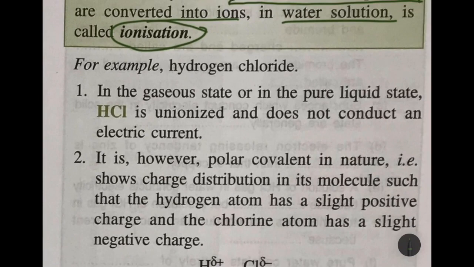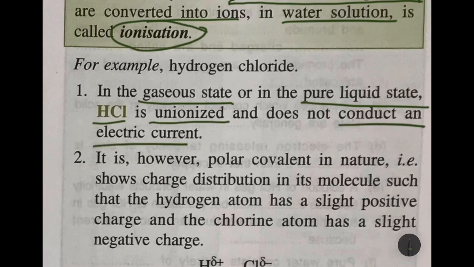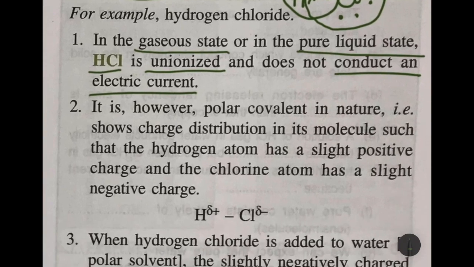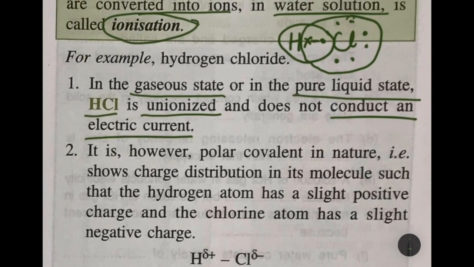In the gaseous state or in pure liquid state, hydrogen chloride is unionized and does not conduct an electric current, because hydrogen has 1 electron and chlorine has 7 electrons in its outermost orbit. So they share the electrons. Hydrogen becomes duplet, chlorine becomes octet. So they do not have any free ions. It is again polar in nature.